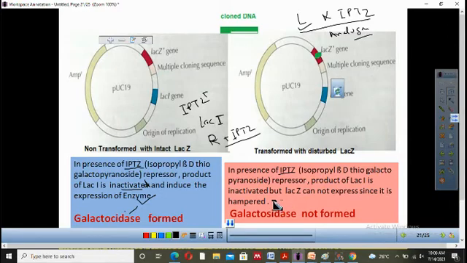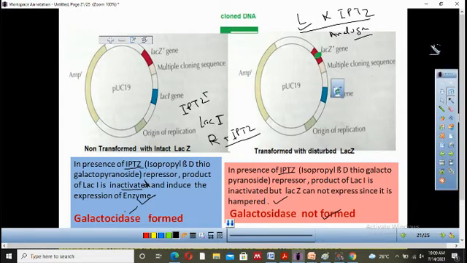So there is no expression, and beta galactosidase is not formed. So you can understand how this can happen. In the presence of IPTG there is expression, but with the insertion there is no expression because the lacZ gene gets disturbed.